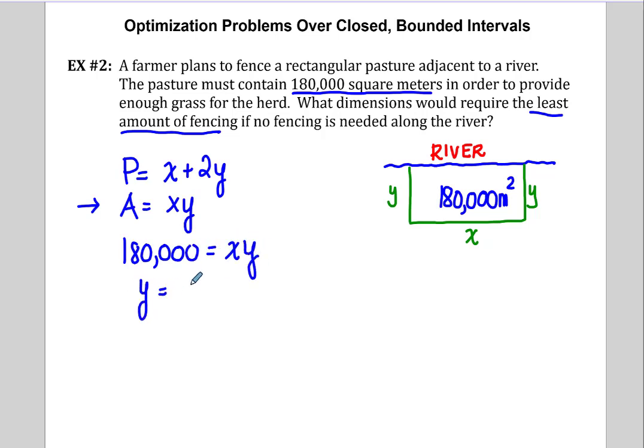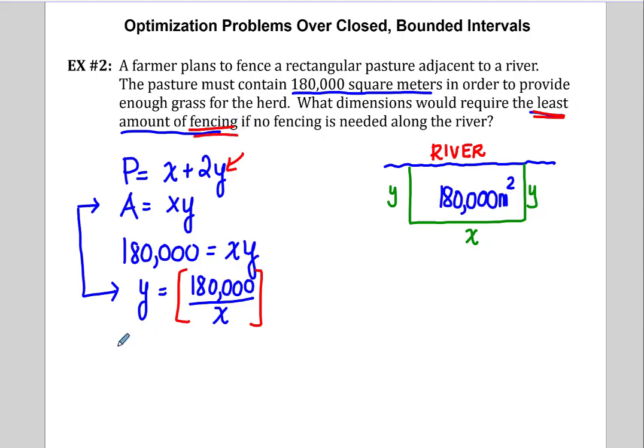So y is 180,000 divided by x. So I renamed area in terms of y, and then we're going to substitute this amount in place of our y variable here for perimeter, because we're going to minimize perimeter.